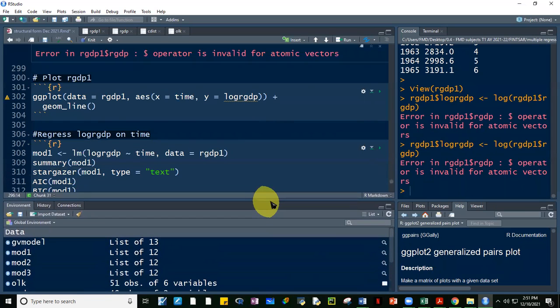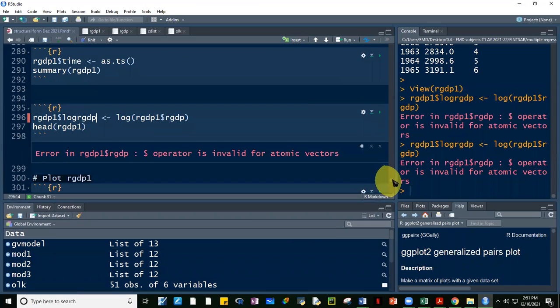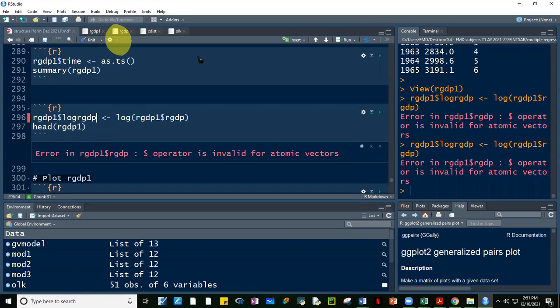Any questions? Where's my RGDP1? It's still RGDP.